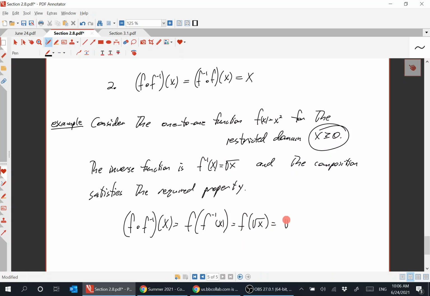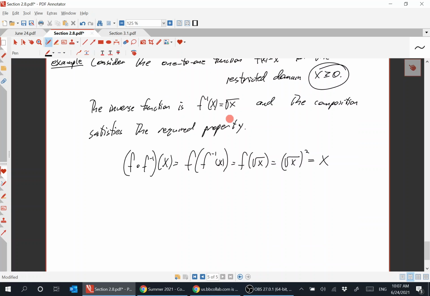So f of the square root of x is the square root of x squared, which is just x. And f inverse following f of x is f inverse of f of x, which is f inverse of, well, f of x is x squared.